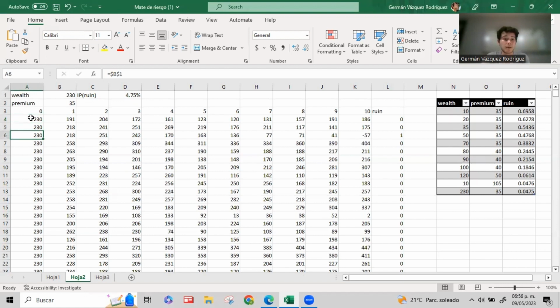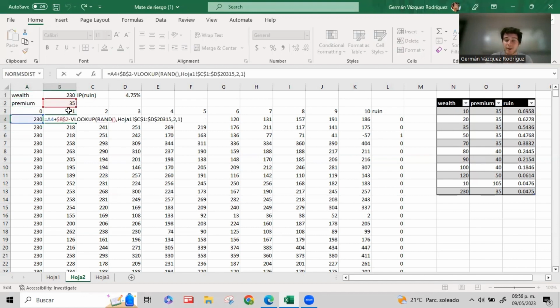So here we replace the 230 of our initial wealth, and then we add up the premium that we are charging to the clients, and then we generate a random number that we are going to search on the distribution function for the geometric random variable that we saw on the previous Excel explained by Marco Trejo.